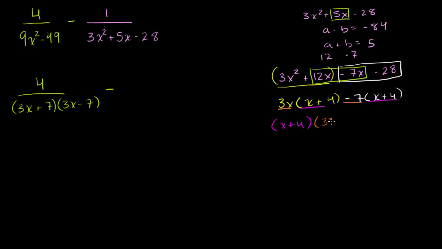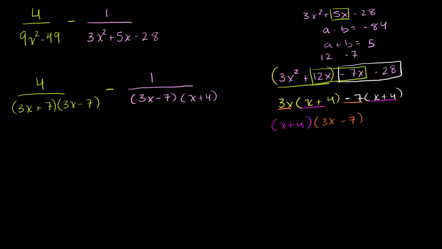So that's what this guy over here will factor into. So I can rewrite it right here. This expression is the exact same thing as 1 over 3x minus 7 times x plus 4. This and this is the exact same statement.